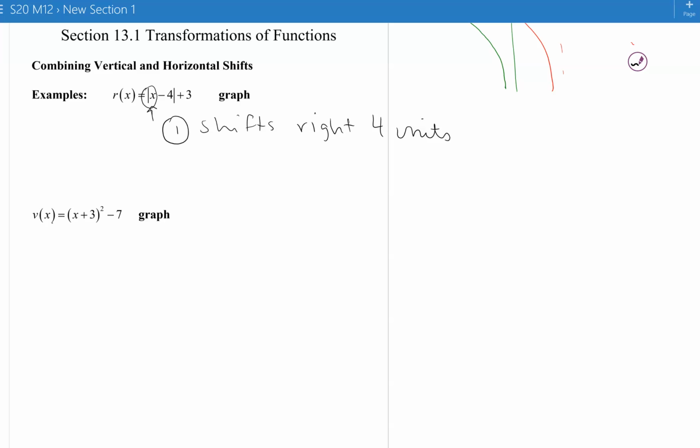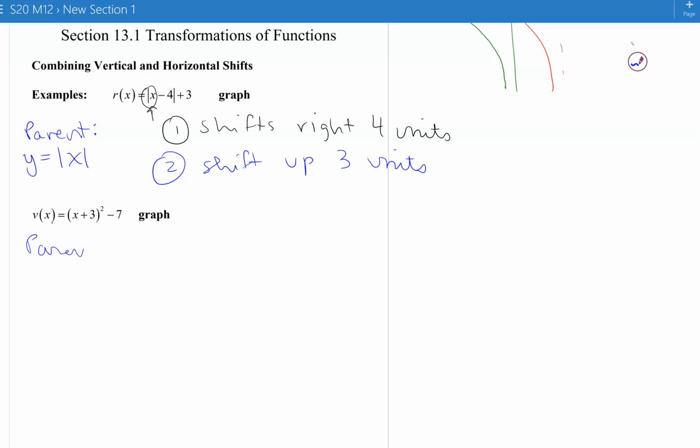And that's the first transformation. Then the second transformation is we shift up 3 units because adding 3 happens after the absolute value function has been applied. So let's make a note that the parent graph here is y equals the absolute value of x.